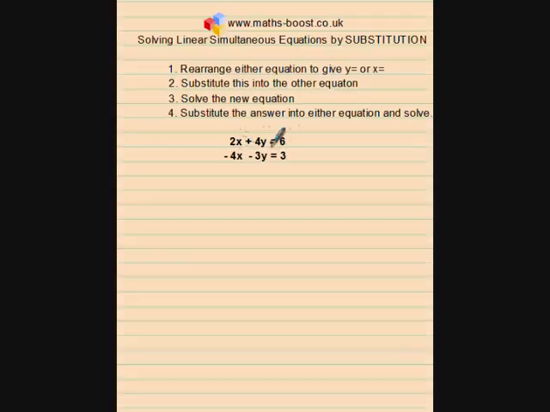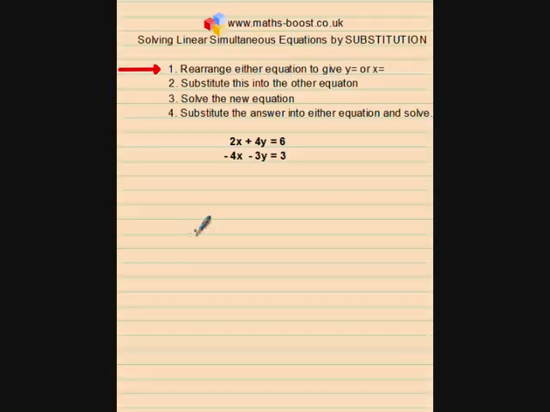However, if I used that same substitution in the second equation, it wouldn't work. What I would get on the left is minus 7, and that does not equal 3. I need to find a value of x and y that satisfies this equation and also this equation. So we're going to move through these steps in turn.